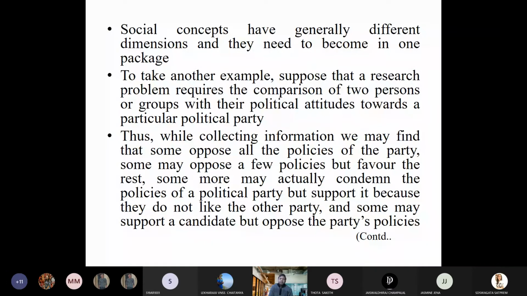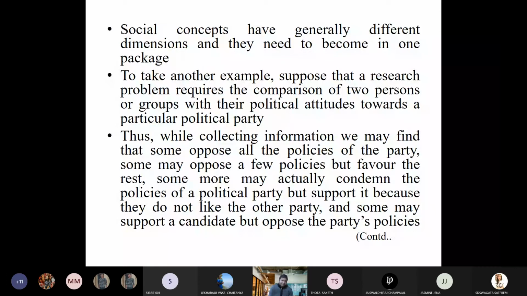Thus, while collecting the information, we may find that some oppose all the policies of the party. Some may oppose a few policies but favor the rest. Getting my point? Suppose different political parties release their manifestos during the election period.